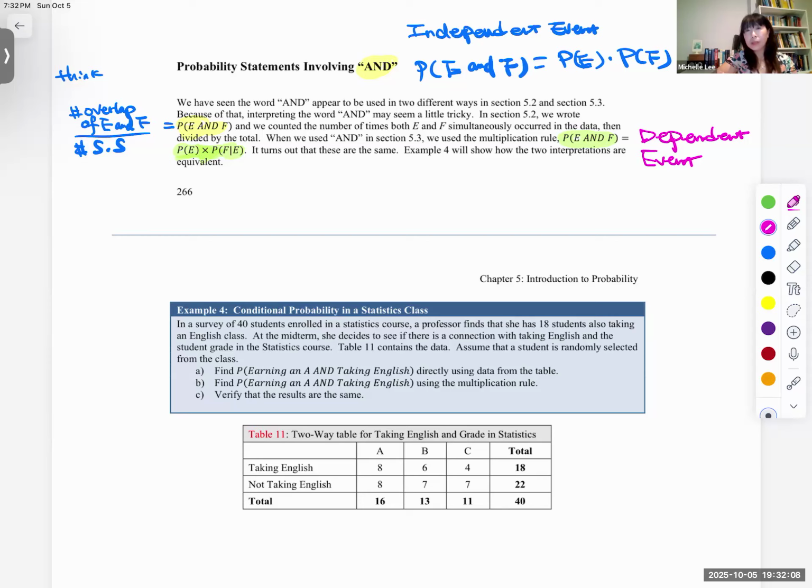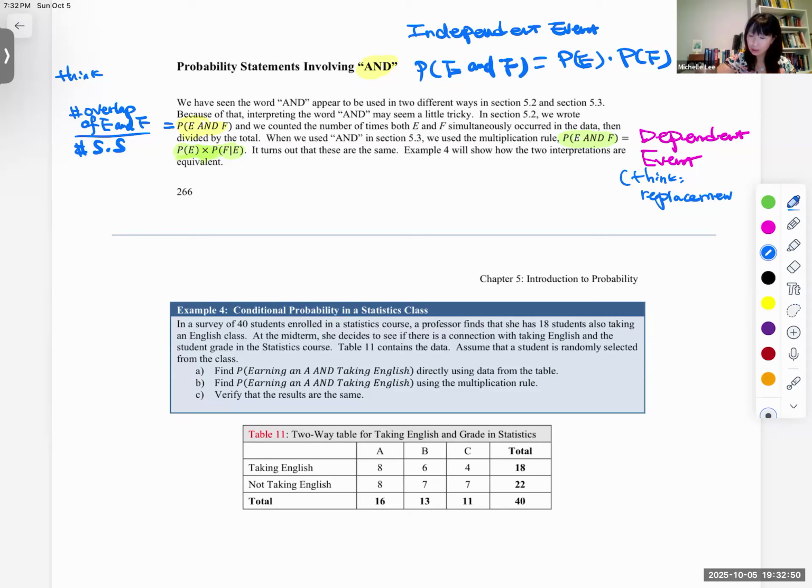Independent event means the outcome of one event does not affect the outcome of the other event, right? Dependent, right? Relies on the other event's outcome. For example, dependent, like a replacement, right? So think replacement. No, without replacement, huh? Let me think.